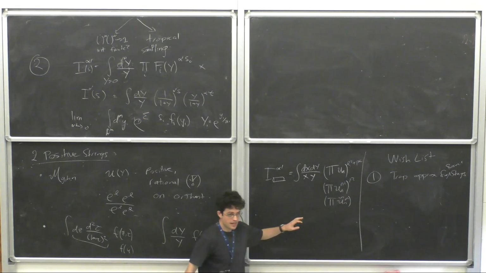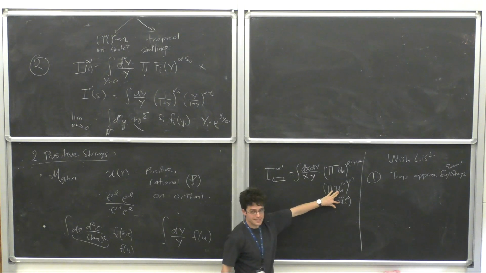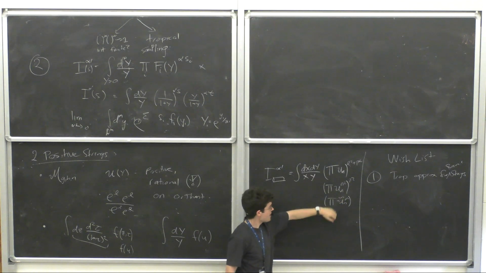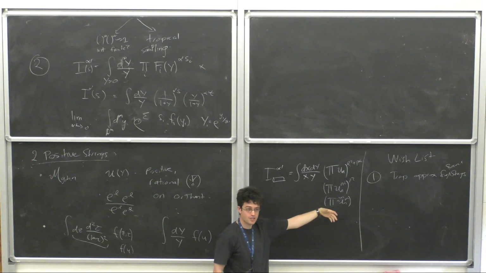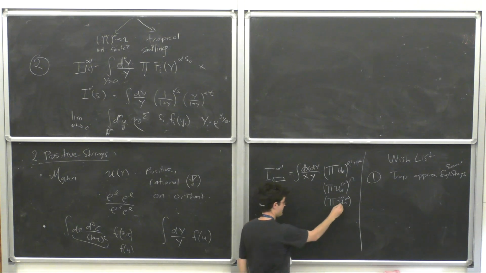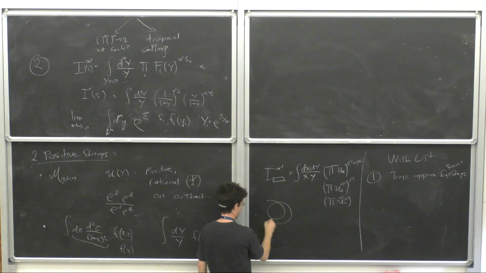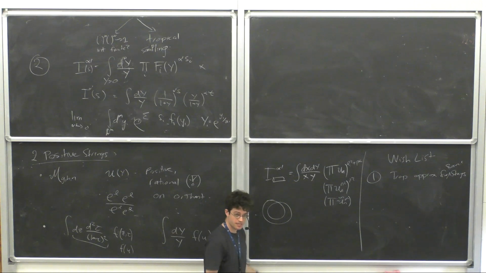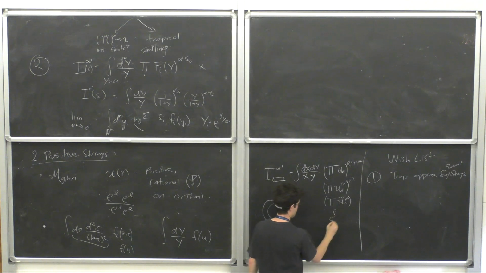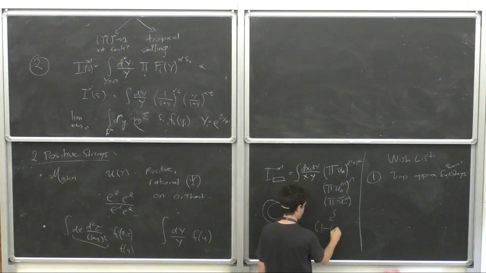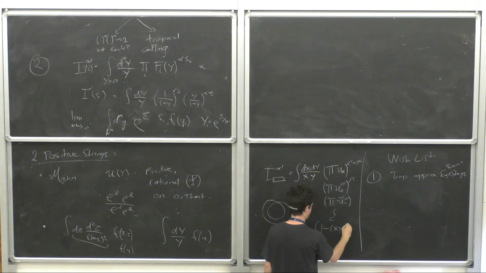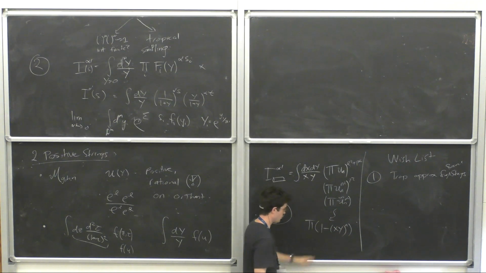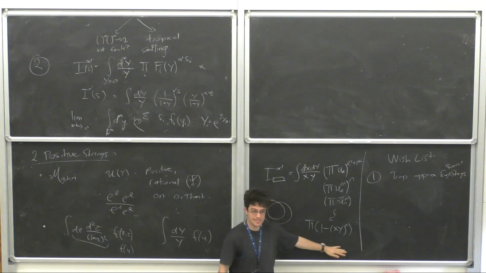Now, these give you a presentation of things that you start to recognize. So these u's are related to curves that go like this. These are the same curves that appear in the Selberg formula for giving the determinant of Laplacians on Riemann surfaces. And this function ends up being something like the product of 1 minus xy to the n, or plus, I can't remember, which is the eta function.